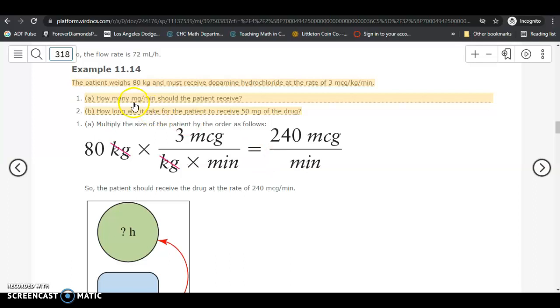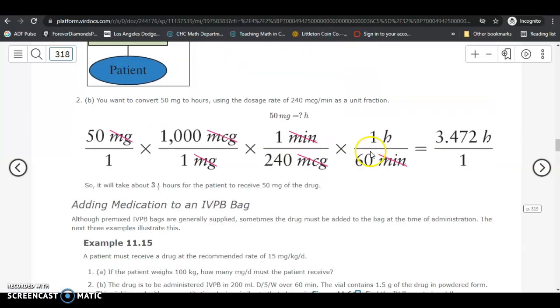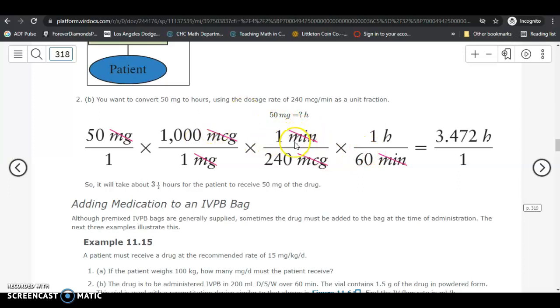So there might be some typos, so just be aware that the book has typos. Basically, part A asks for the milligrams per minute, so this should be 0.24 milligrams a minute, but it has 240 micrograms a minute. So they did a little extra work here. If the dose rate is already in milligrams a minute, you don't need to do all of this.